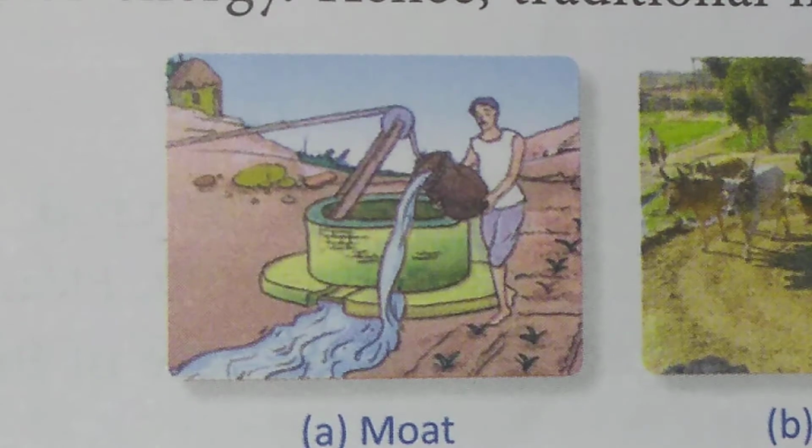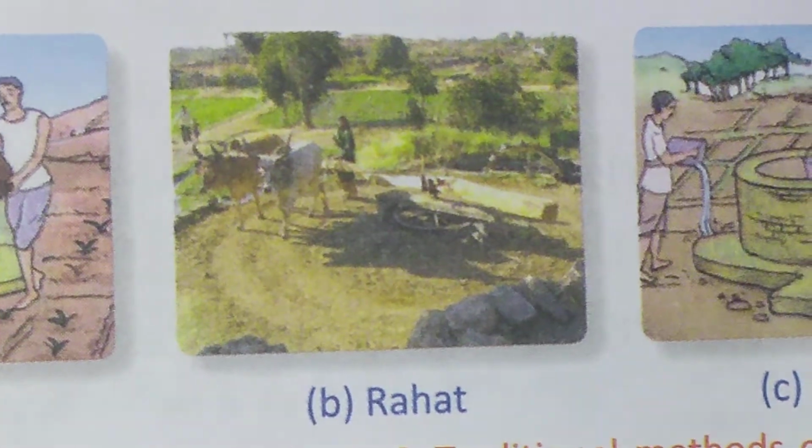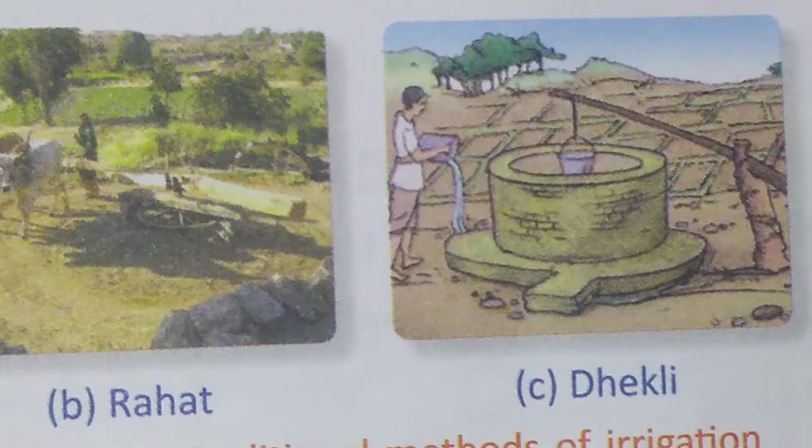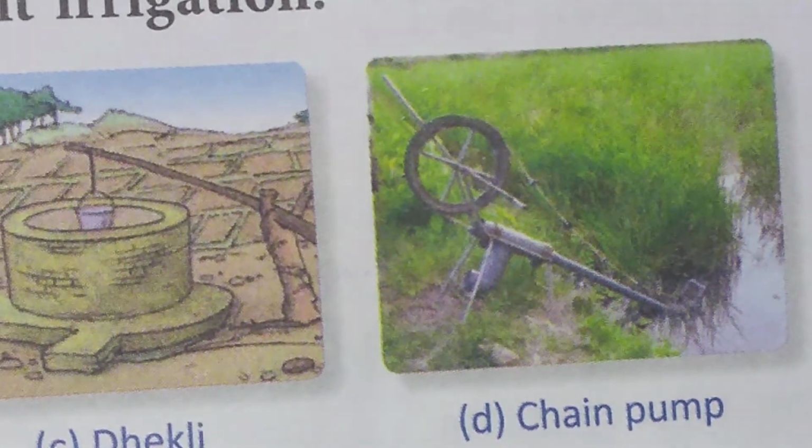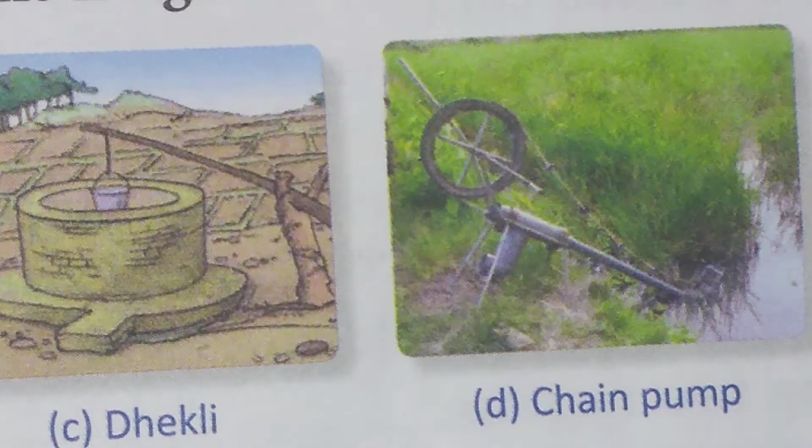Now we will have a look at a few traditional methods like moat, next rahat, next dekli and chain pump. These are all traditional methods.